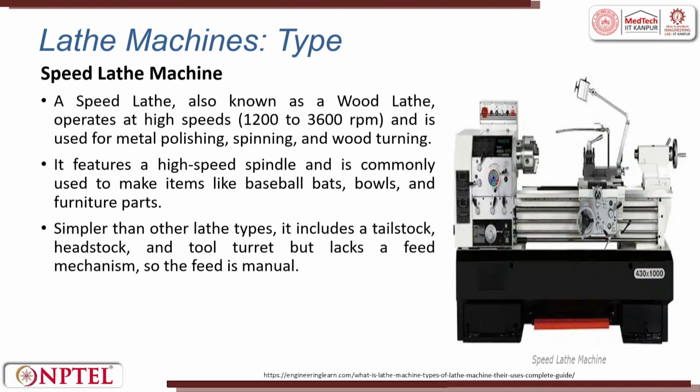When we look at speed lathes, the speed we talk about is around 1200 to 3000 RPM, which is very low, but the name was given in the early days, so the name still follows. Today, we talk about somewhere between 10,000 RPM and 1 lakh RPM.